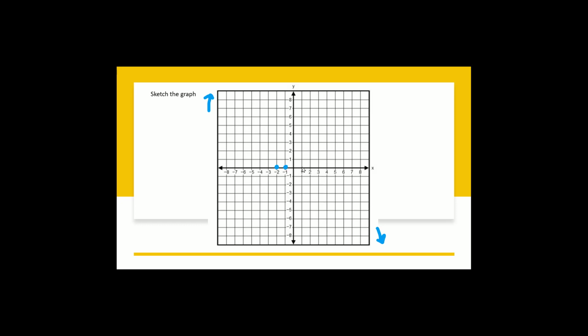And then 1, 0. And then we also have the y-intercept at 0, 6. Okay, because I know what the end behavior looks like, I can start up here. It's going to go down. It's going to come back up. It's going to go through the y-axis here, and it's going to go back down here.